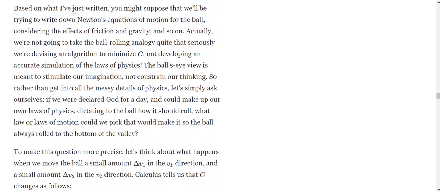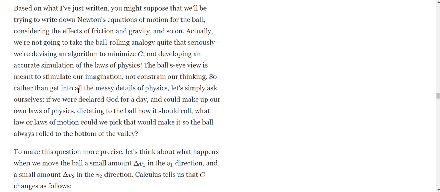So, based on what I've written, you might suppose that we'll be trying to write down Newton's equations of motion for a ball, considering the effects of friction and gravity and so on. Actually, we're not going to take the ball rolling analogy quite that seriously. We are devising an algorithm to minimize C, not developing an accurate simulation of the laws of physics. The ball's view is meant to simulate our imagination, not constrain our thinking.